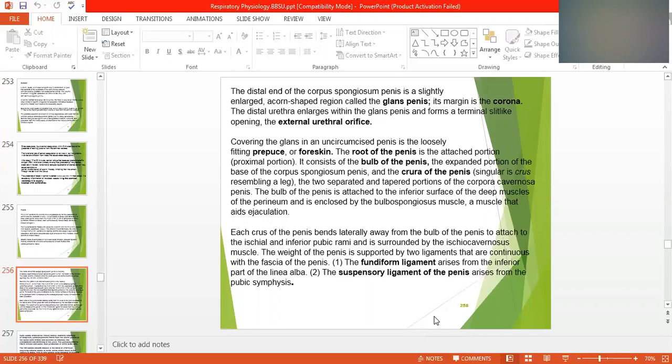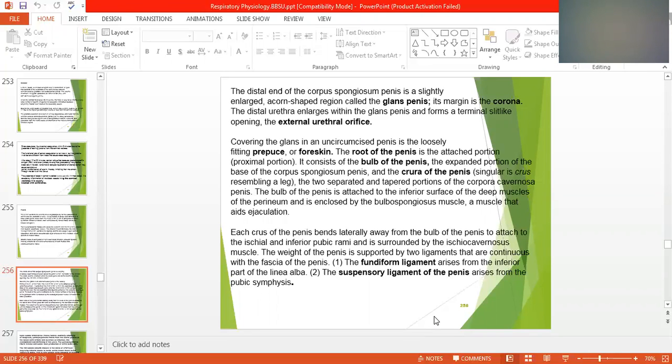Each crus of the penis bends laterally away from the bulb of the penis to attach to the ischial and inferior pubic rami and is surrounded by the ischiocavernosus muscles.